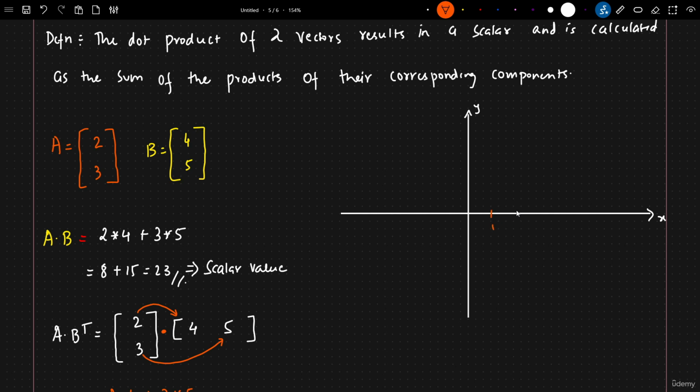Let's say the values are 1, 2, 3, 4, 5, 6, 7, and here I have 1, 2, 3, 4, and 5. Similarly, in the negative direction, I have -1, -2, -3, -4, -5. And finally here also I will write -1, -2, -3, -4, -5.